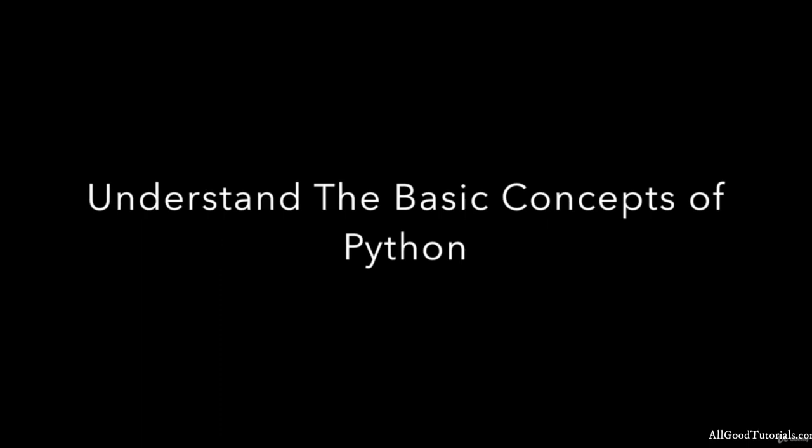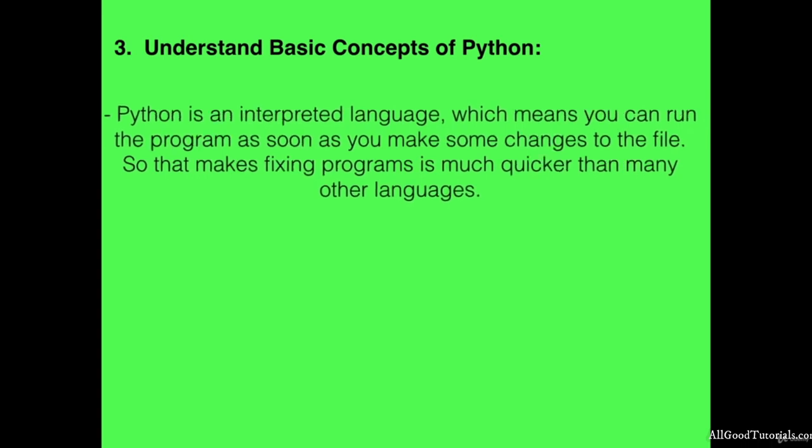Understand the basic concepts of Python. In this lecture, let's understand the basic concepts of Python. Python is an interpreted language, which means you can run the program as soon as you make some changes to the file. So that makes fixing programs much quicker than many other languages.